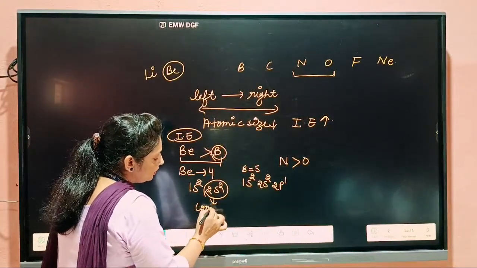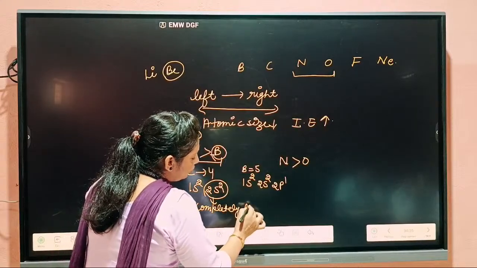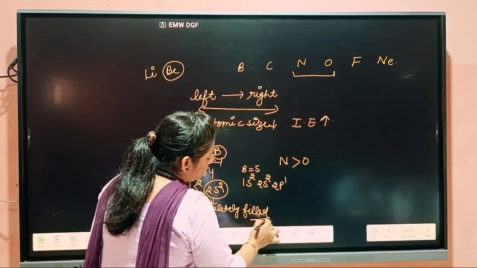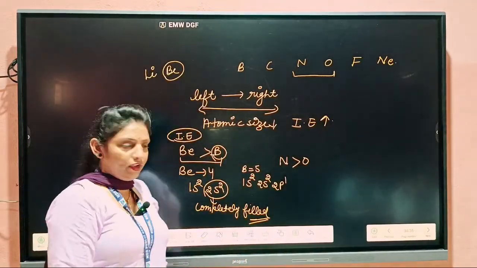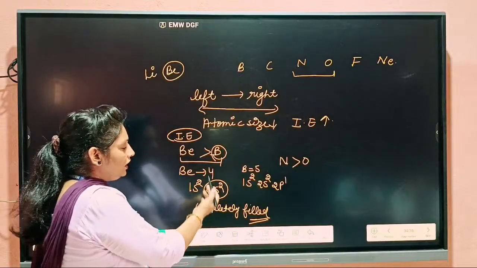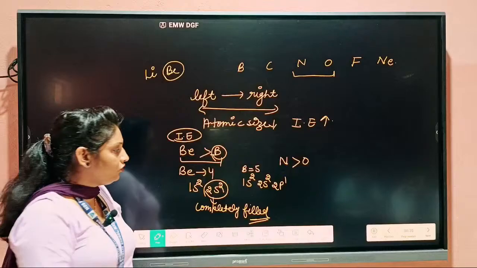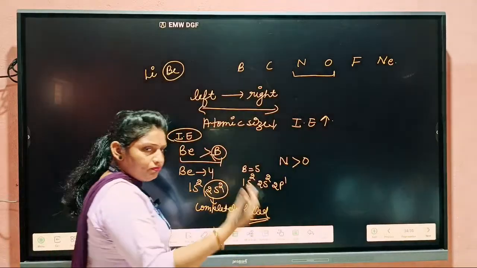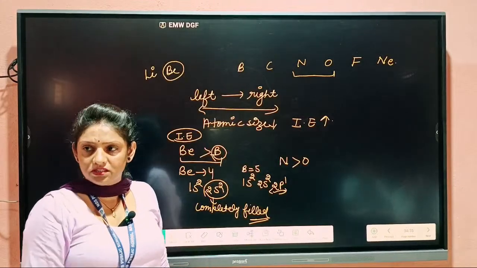And you know very well, elements which have completely filled orbitals are more stable. So we need to give more energy to remove the electron from this. And boron is not completely filled, it is partially filled.